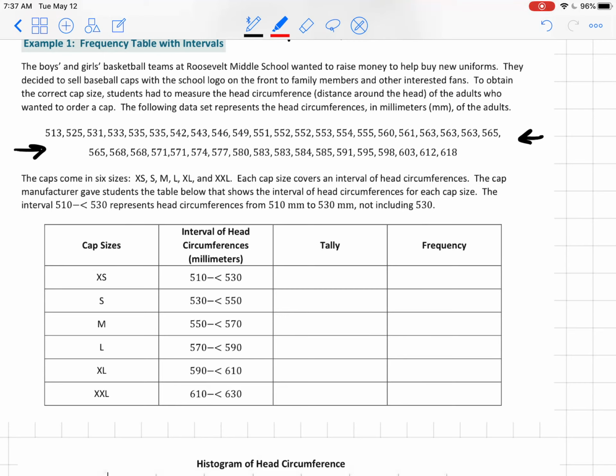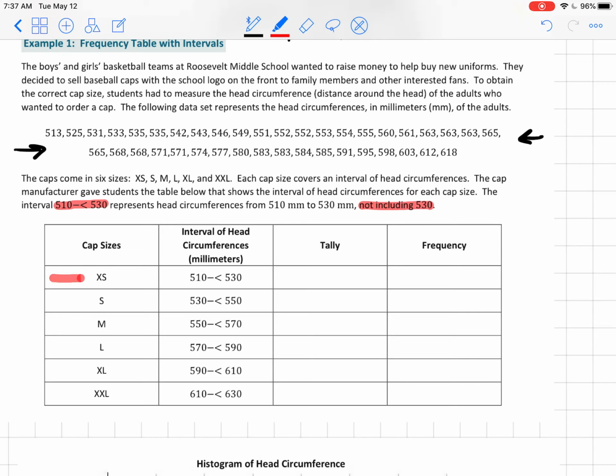The cap manufacturer gave students the table below that shows the interval of head circumferences for each cap size. The interval 510 dash 530 represents the head circumferences from 510 to 530, not including 530. So this interval means that it includes the bottom number, but does not include the top number. Okay?